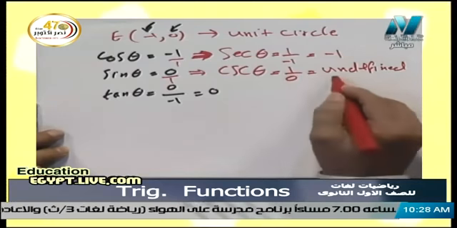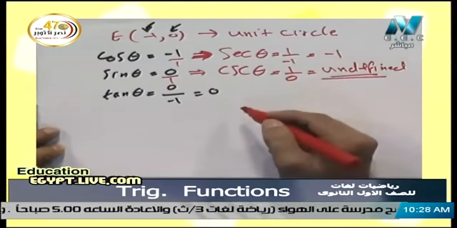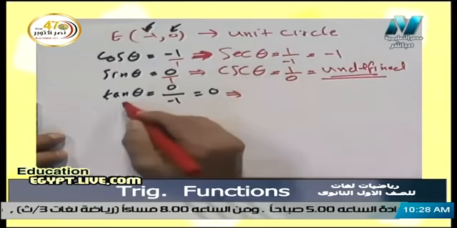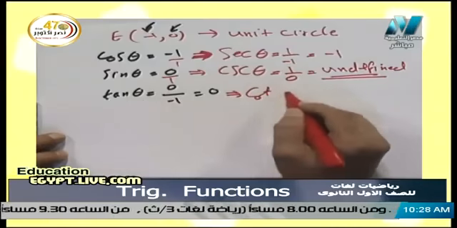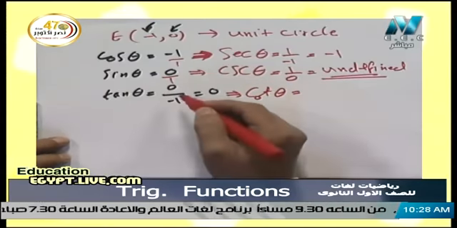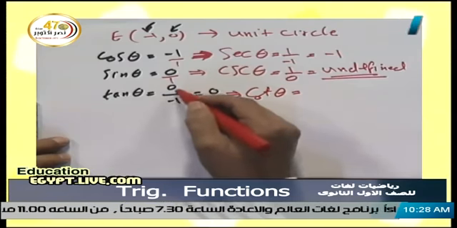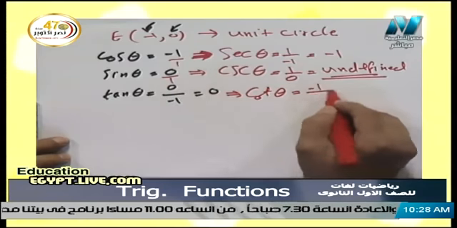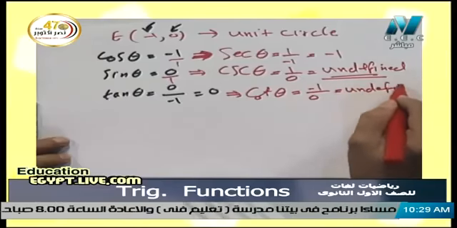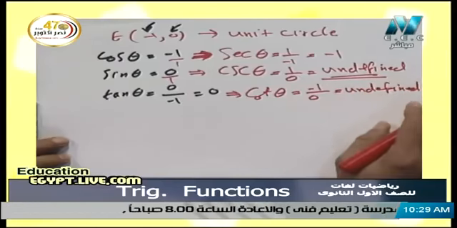So here it is undefined. What about tan? The reciprocal of tan is cotan theta, and cotan theta is the reciprocal of 0 over negative 1. So it's negative 1 over 0, and also is undefined.